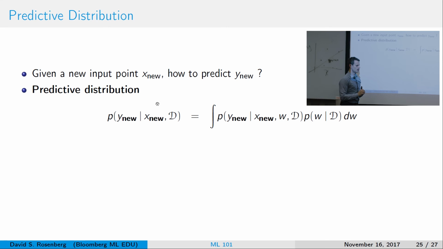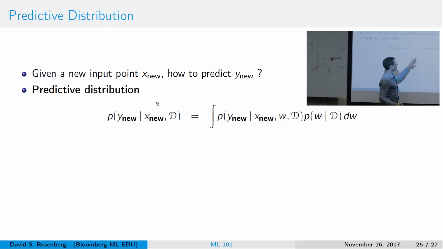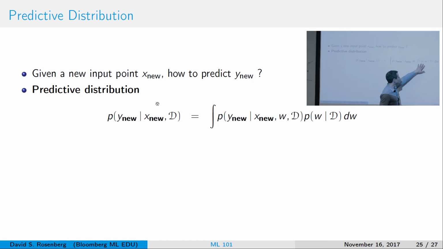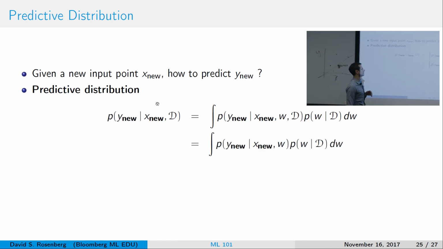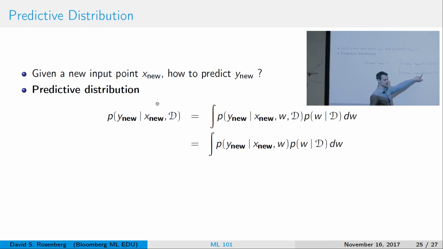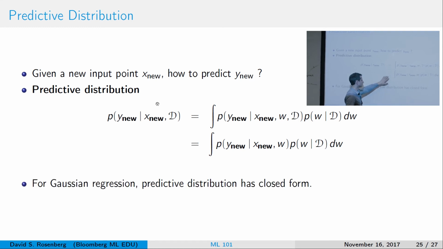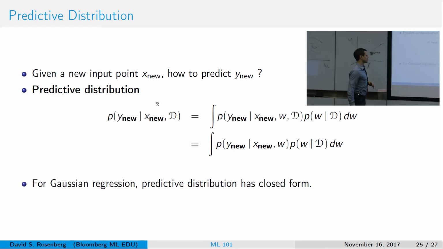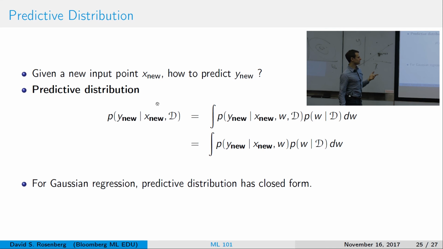We want to average over our posterior belief about w. So here we condition on w and then integrate out with respect to the posterior distribution on w. The data becomes irrelevant once we condition on w, so it simplifies a bit. And then for Gaussian regression, we could do this and come up with a predictive distribution.